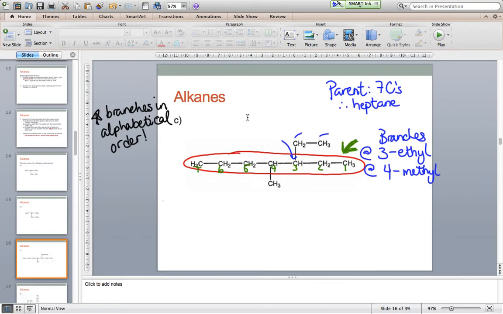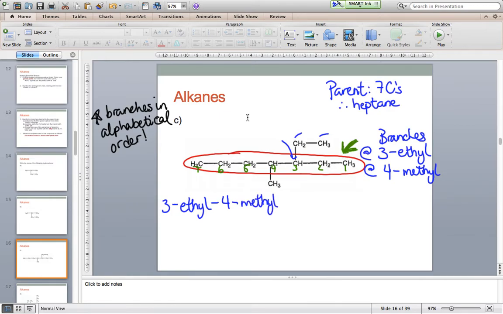So, starting with the number of the location of the branch, a dash to separate number from word, ethyl. Now, I have to indicate that I've got a branch at number 4. Again, I have a word and then a number I need to separate those from each other, and I do that with a dash. So 3-ethyl dash 4-methyl.